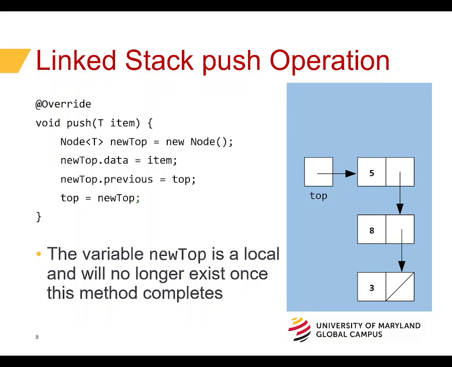The first fundamental operation is push. As with the array implementation, the signature for push matches the one in the stack interface. The first step involves dynamically allocating a new node and saving a reference to that node in the local variable newTop.